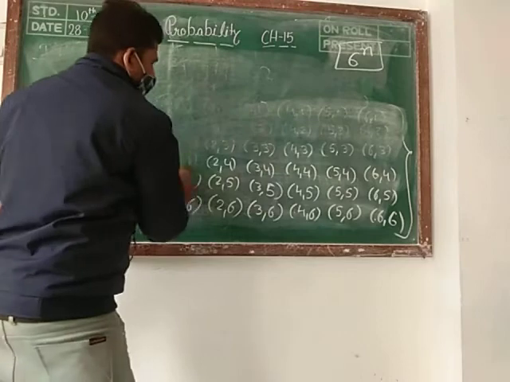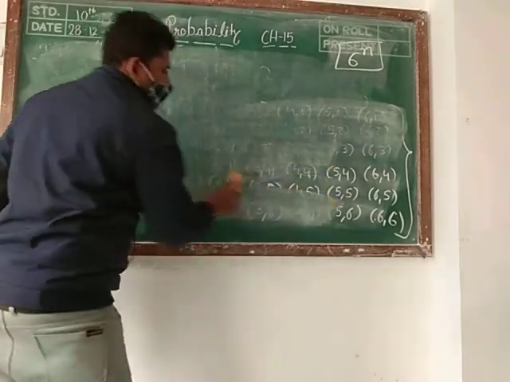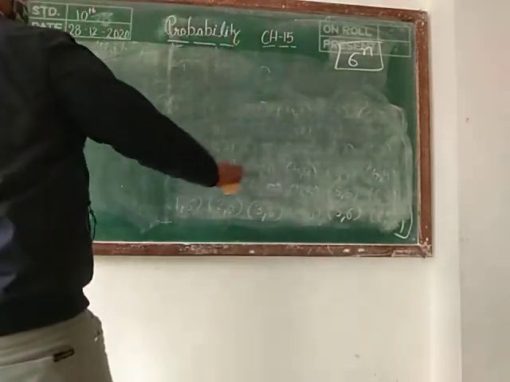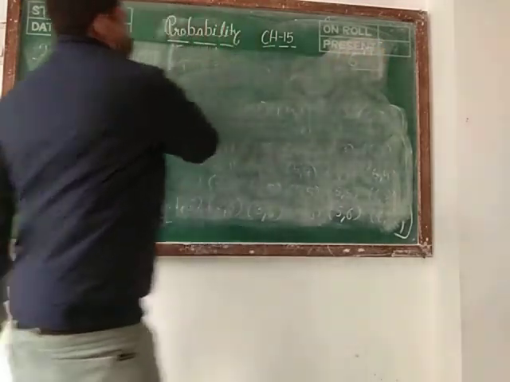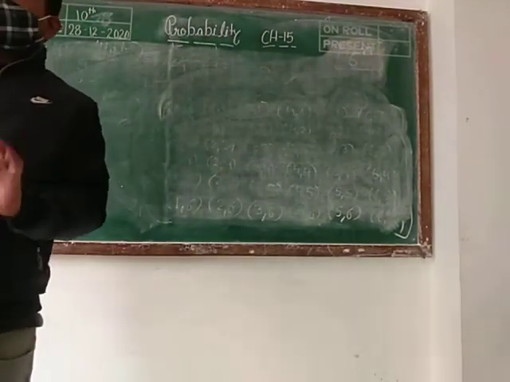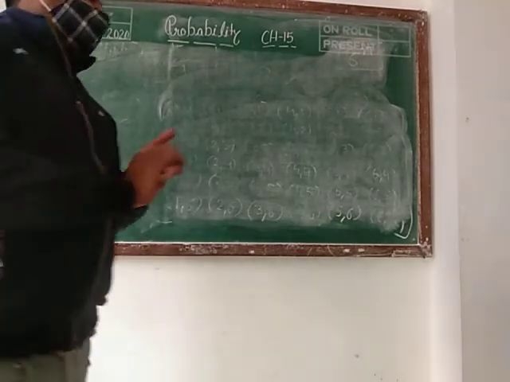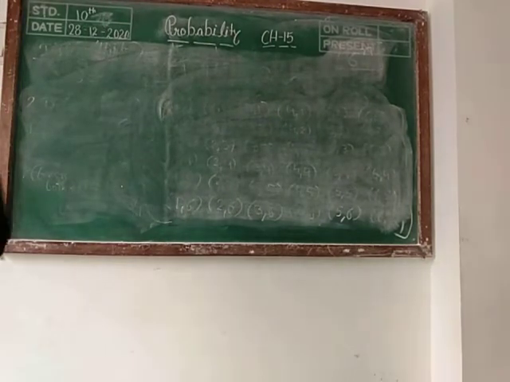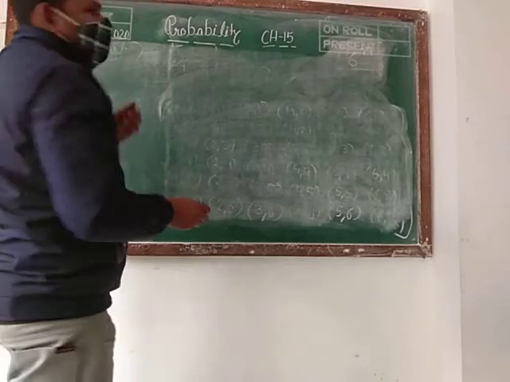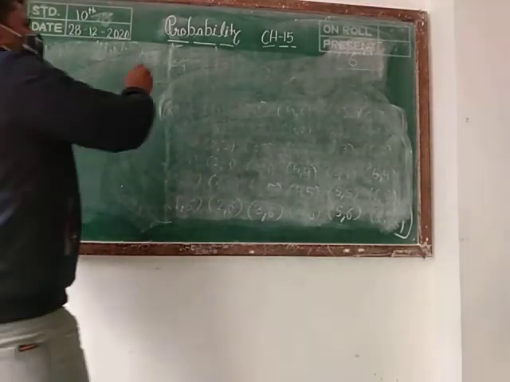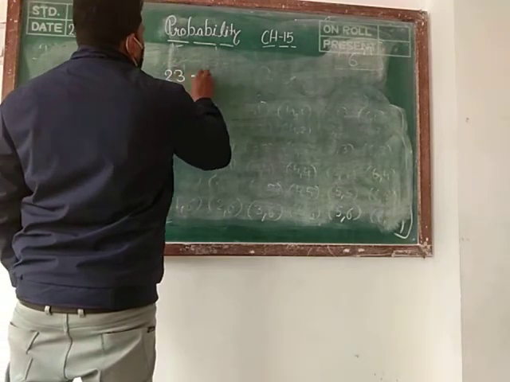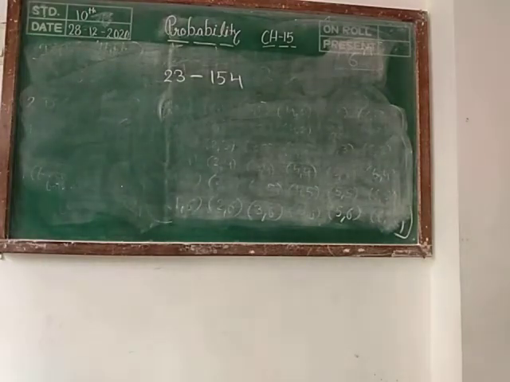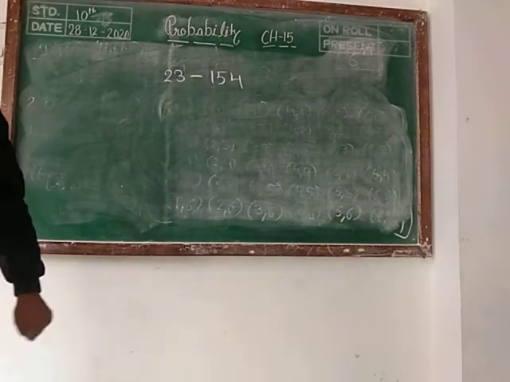And the last concept of this chapter is: if some cards are given to you, write down the question. Cards have the numbers 23 to 154.